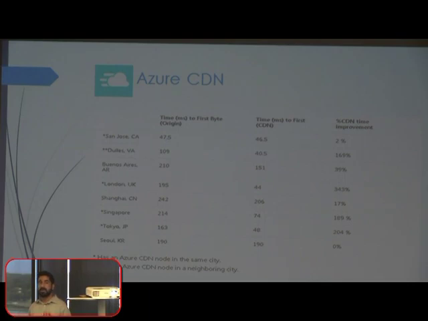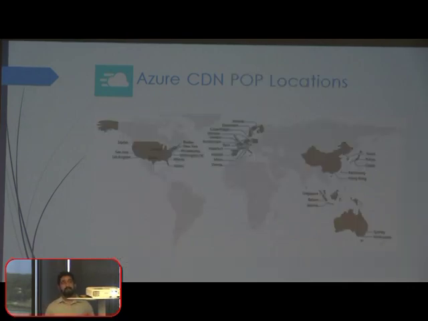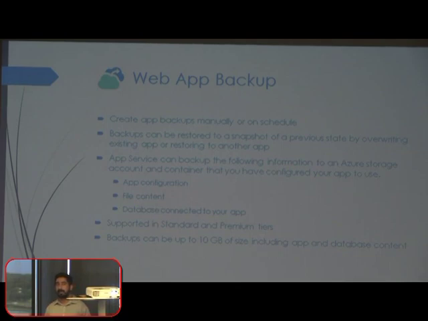But whereas in London, we have seen a variation of 343%, where the time to hit through a web app which has a CDN configured was 343% faster than the one which didn't have. CDN locations are much more globally present than what we have for Azure regions. So we can leverage it for delivering our content quickly.